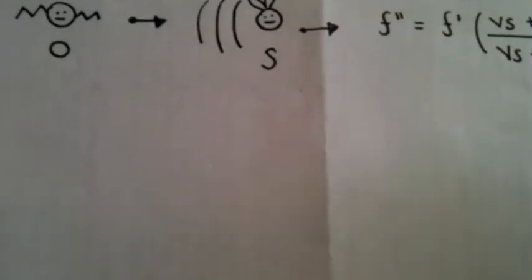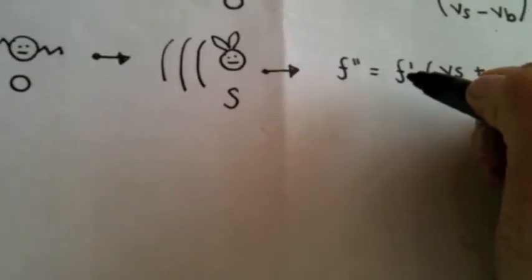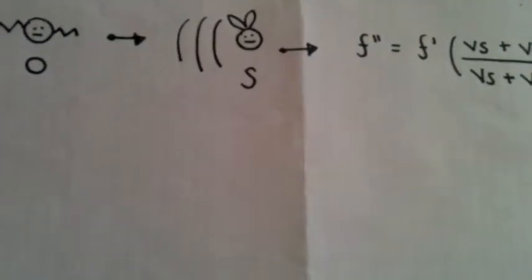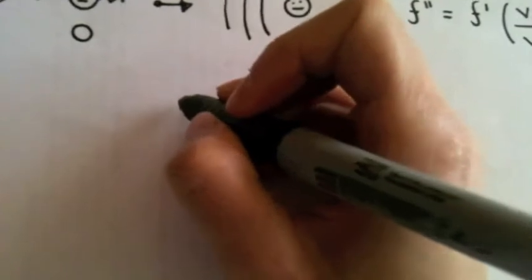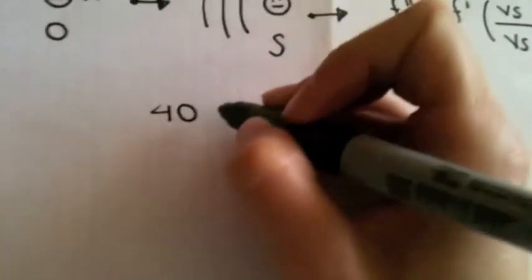If we combine these two equations and substitute the values that we know, we get this.